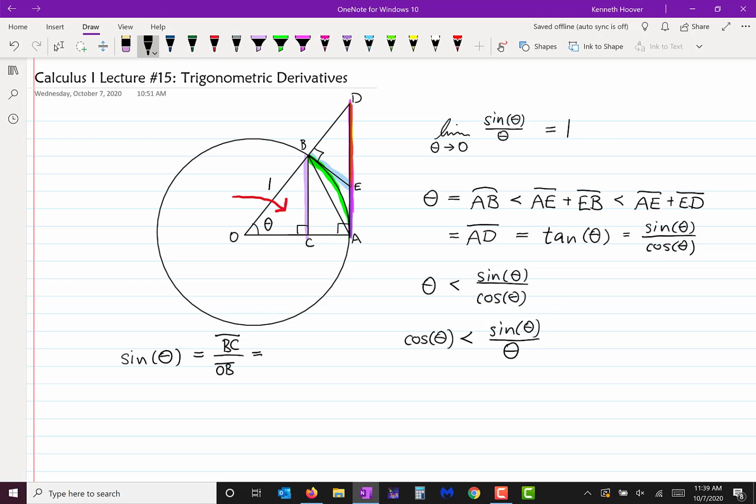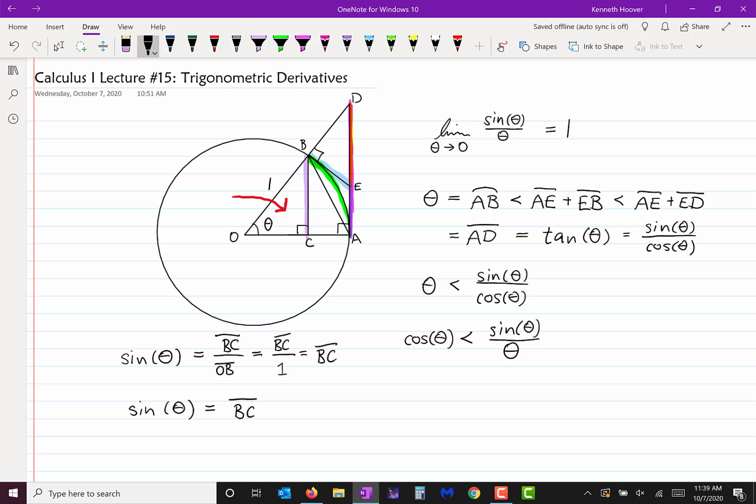Okay, but the length of OB is 1. So there, look at that. The length of that lavender segment BC is exactly equal to sine of theta. Sine of theta is equal to the length of BC.